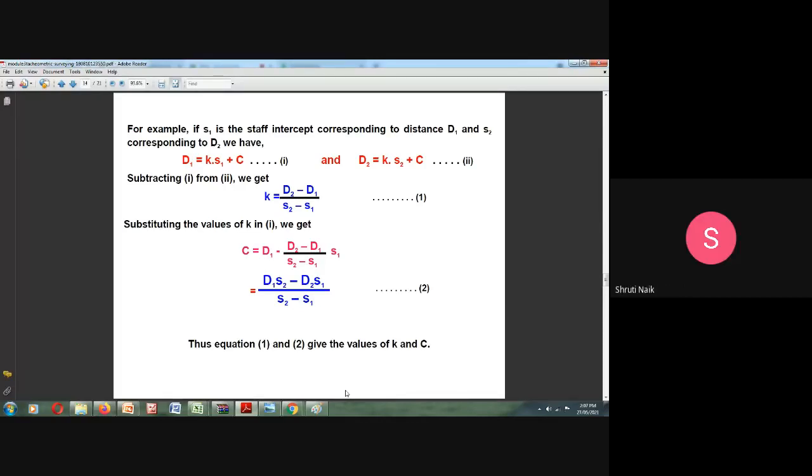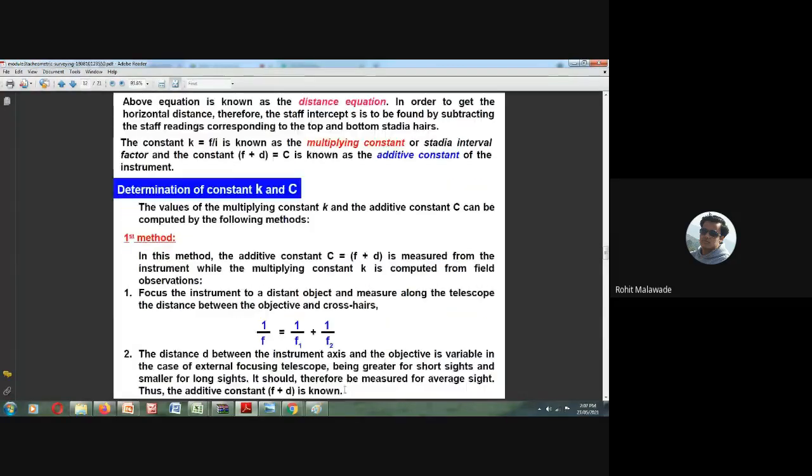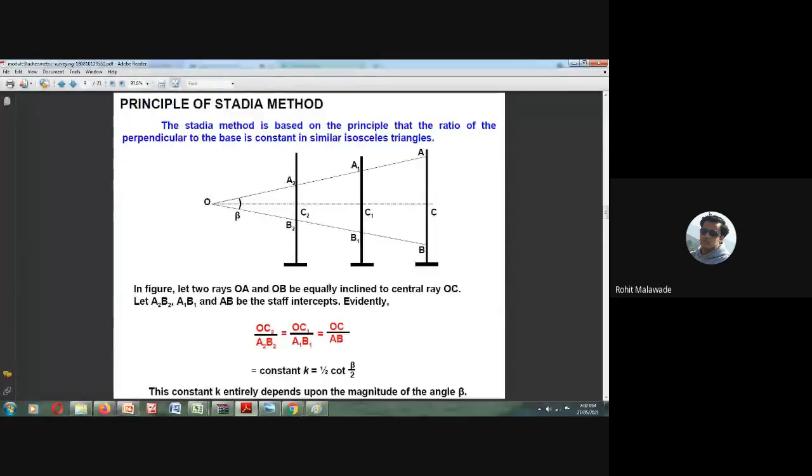Yes, sir. When we do the problems systematically, we will note down in what cases we will be using which formula.